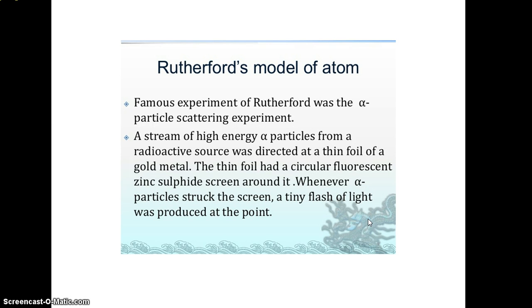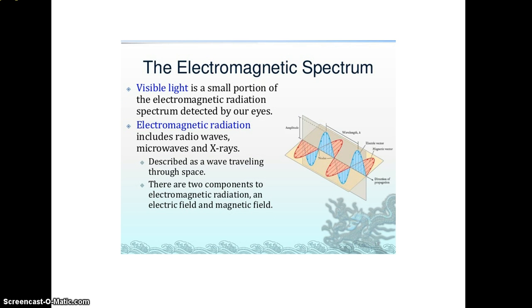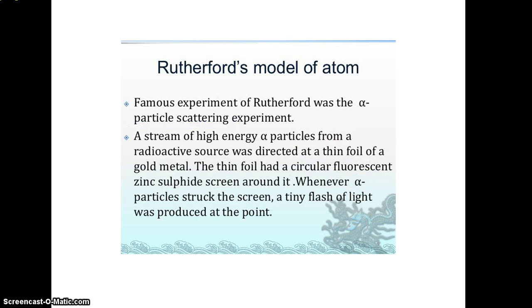Then later, the next model was proposed, that is the Rutherford model of atom, by using the alpha scattering experiment. We already learned the alpha scattering experiment. In Rutherford's alpha scattering experiment, when an alpha particle passed through the thin gold foil, it got deflected by various particles, with a smaller angle, a larger angle, and some reflected back.